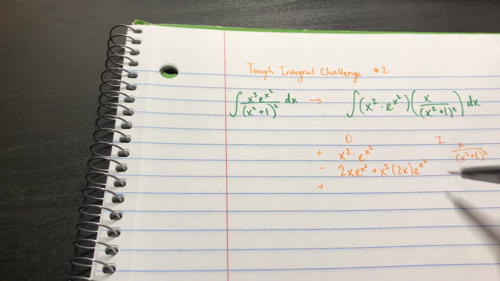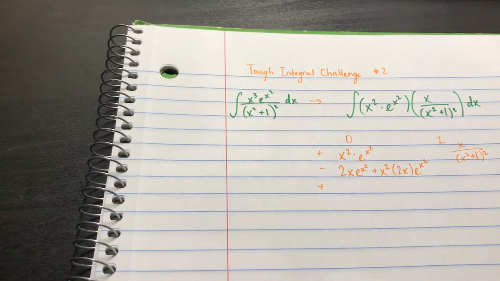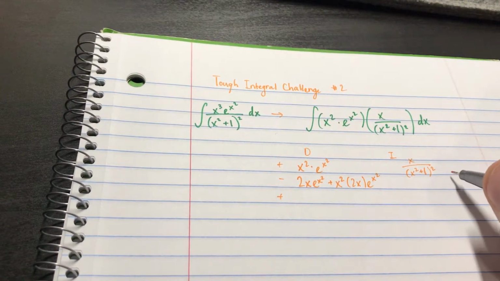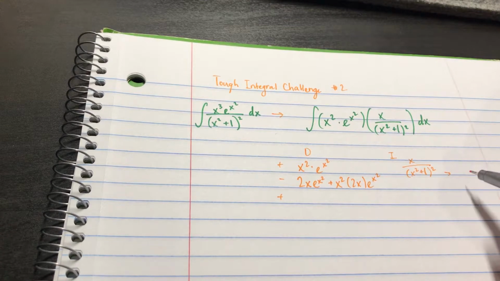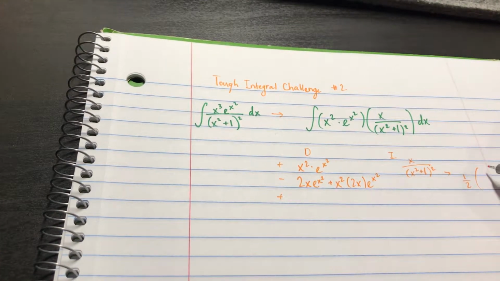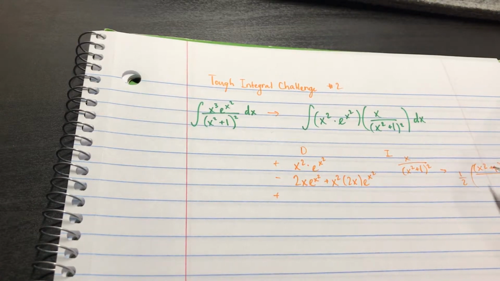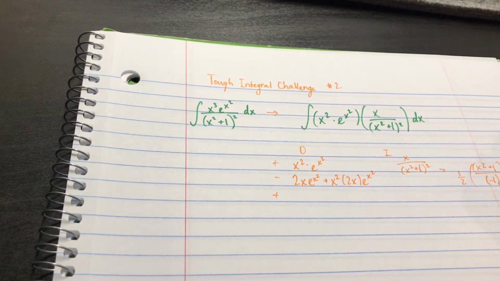And when you fully integrate this function over here, what you'll be left with is something that looks like this: 1/2 times x squared plus 1, all up to the negative first power, all over negative 1.